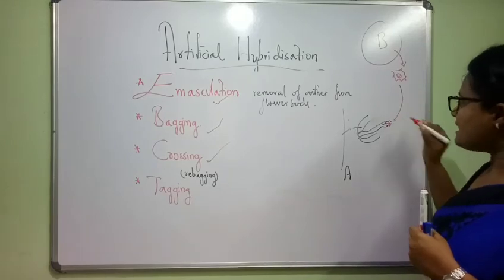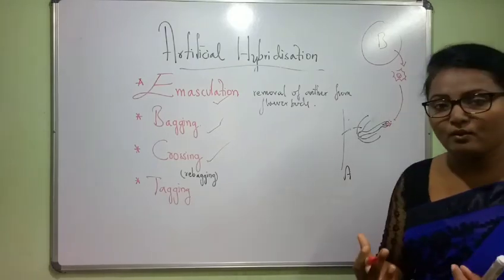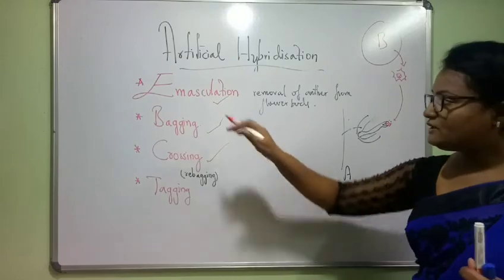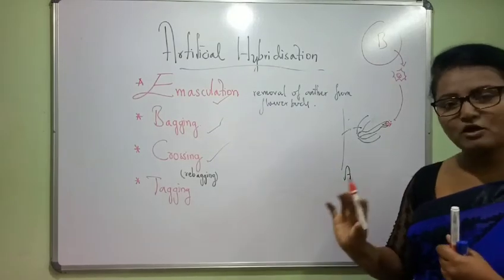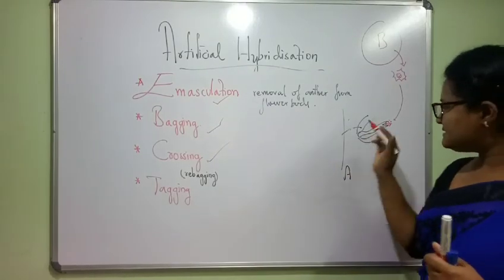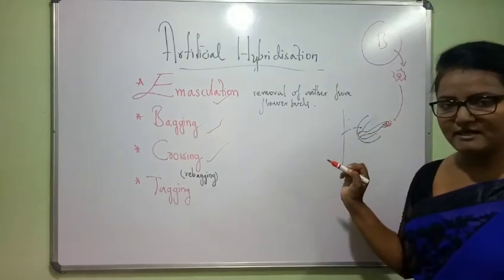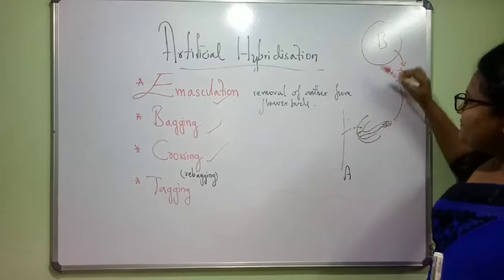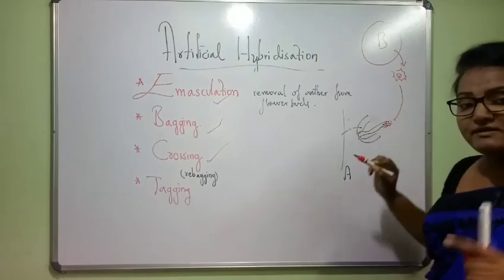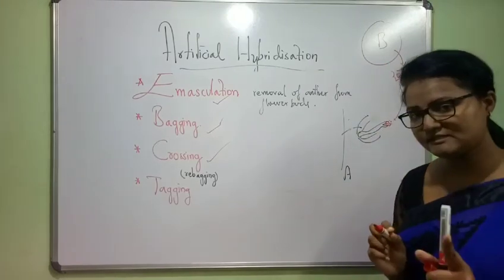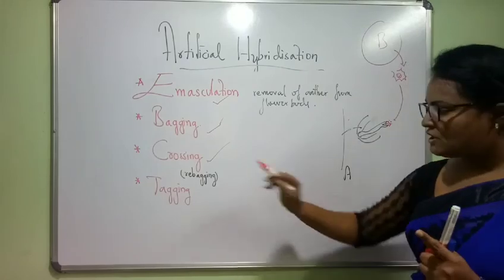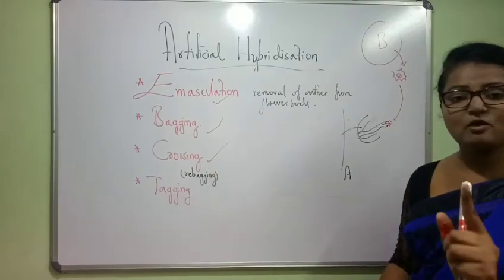These pollen grains are dusted. We allow controlled pollination, that is cross pollination itself, because this is not taking place within the plant itself. So there is no self pollination, right? From different plants to the different flowers, pollination is taking place. Hence it is called cross pollination. So crossing means performing cross pollination.